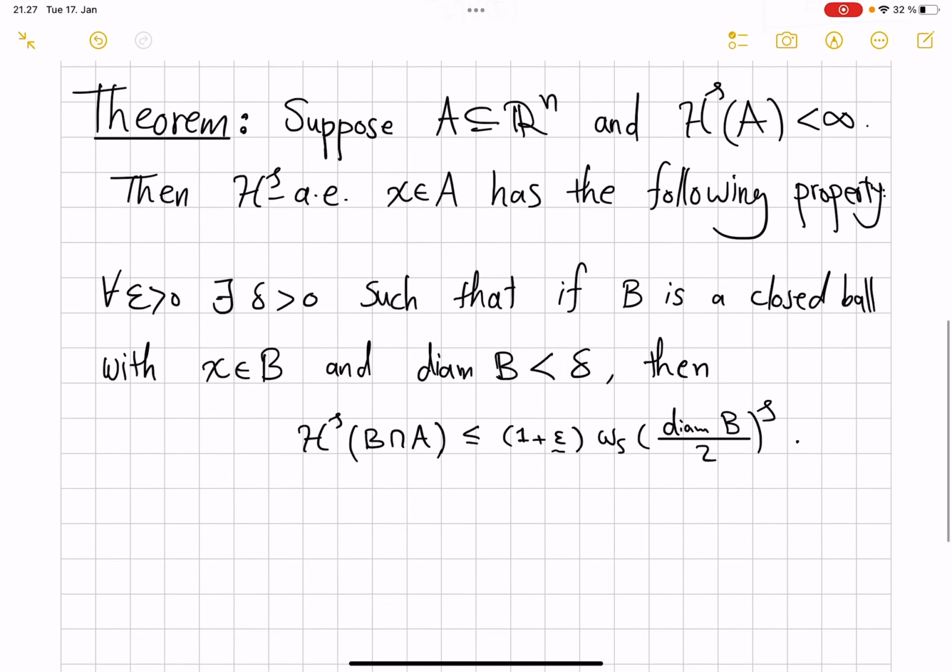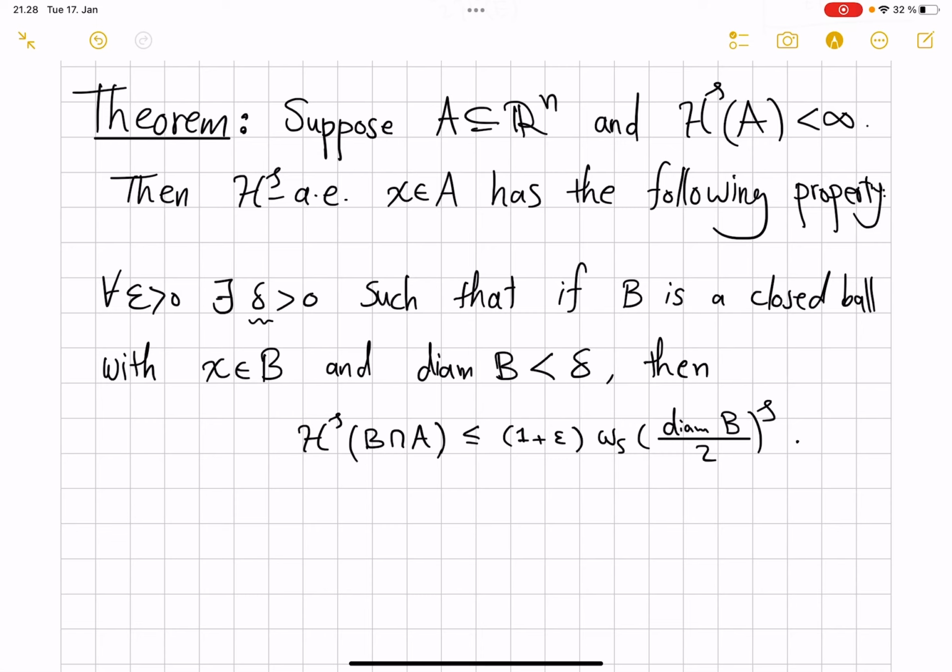The only assumption is basically that A has finite H^s measure. Then at H^s-almost every point x, we have the property that given epsilon positive, that means if we want an isodiametric inequality up to this error term, you can do so at the scale of delta.